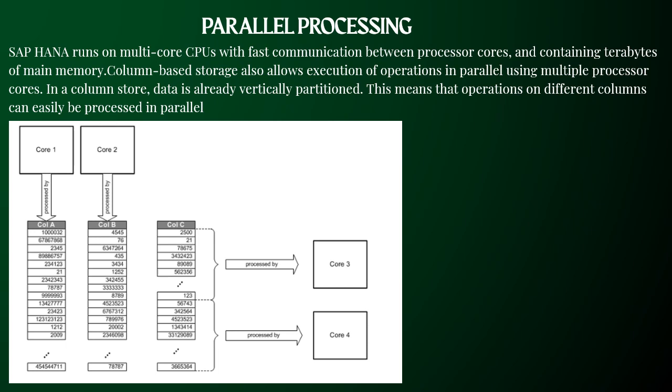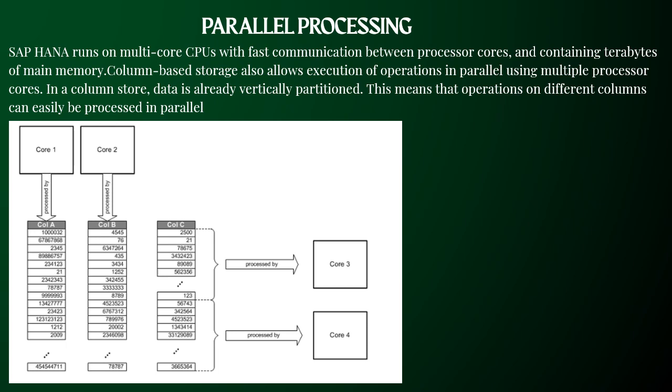The processing of column A is being done by core 1 and simultaneously the operations on column B are being done using core 2. And not only that, let's say there is a third column, column C. Some of the operations in column C can be done by a third core, core 3, and some values of that column can be done by core 4 simultaneously.